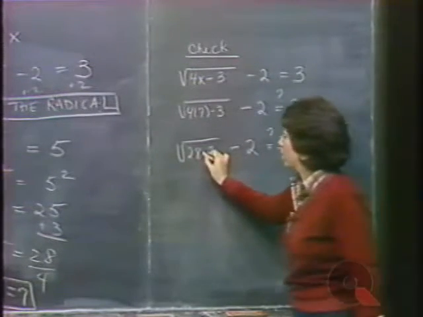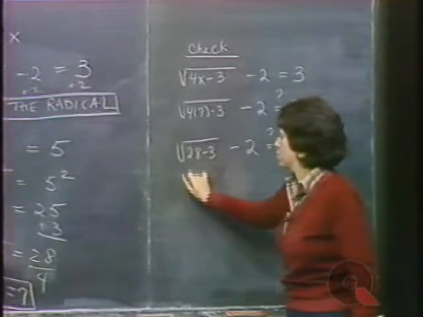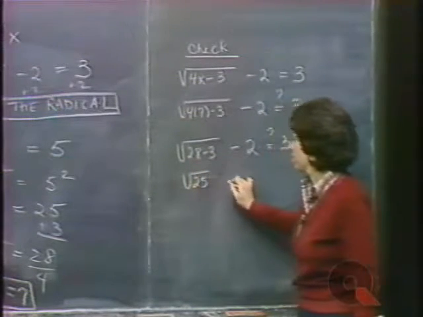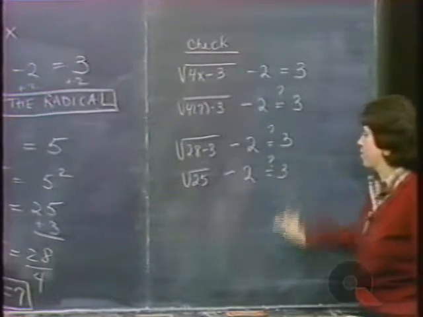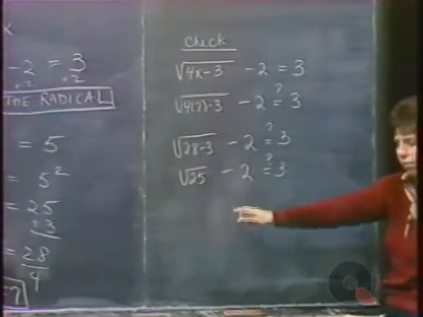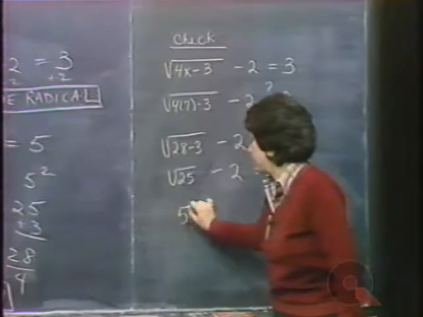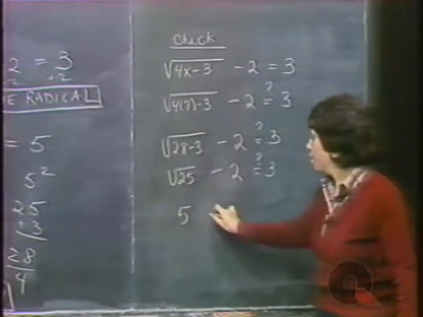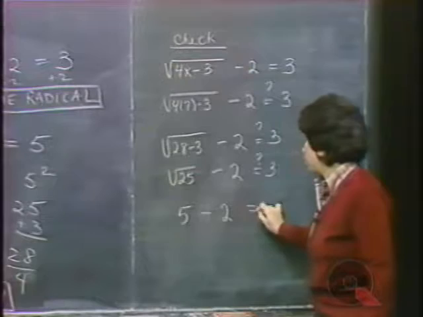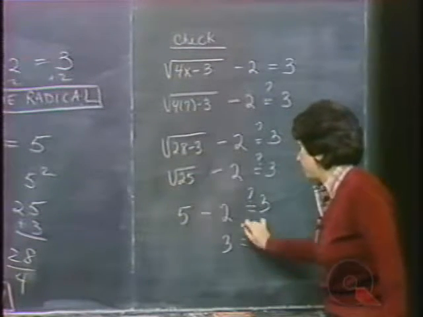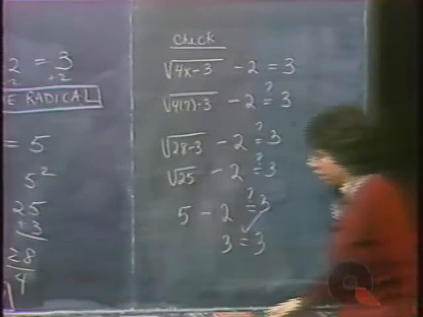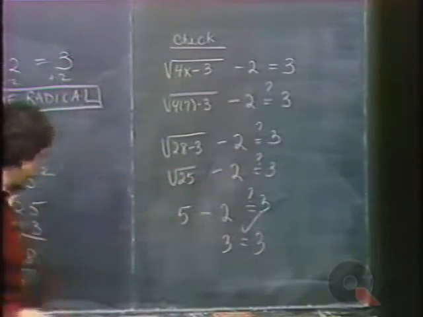The square root of 28 minus 3, that's the square root of 25, minus 2, should be equal to 3. The square root of 25, of course, that's 5. It's the positive square root of 25. 5 minus 2 should be equal to 3, and of course this checks out. 3 equals 3. So yes, this is the solution to the problem.